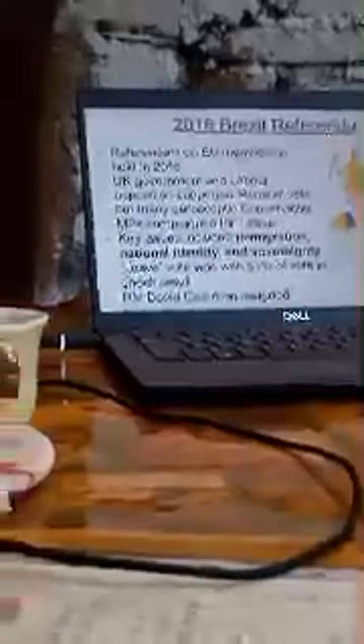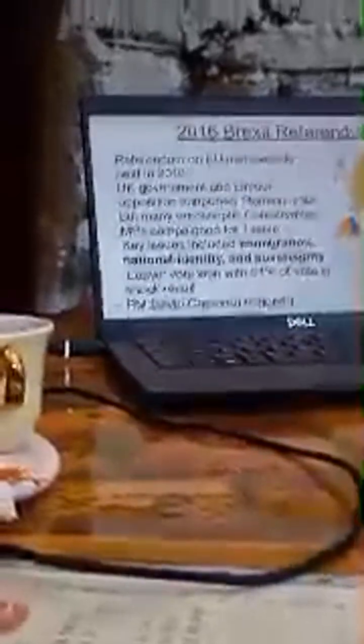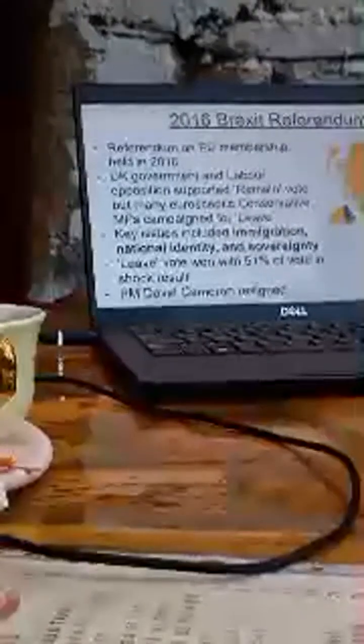We'll talk about that in a second, but it's a very long, complicated process. And the Prime Minister resigned because he had said, if we vote for Brexit, I will resign, because he didn't agree with it personally. Should explain the map. Yellow is Remain and blue is Leave.